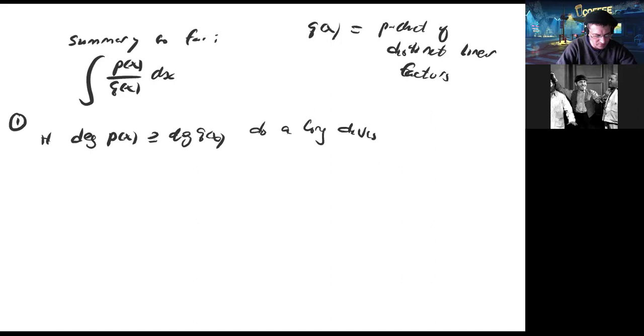That's the first step if the degree of the numerator is too big.